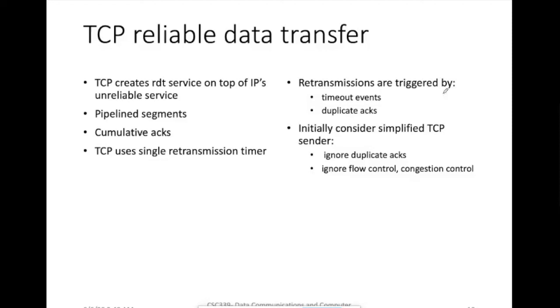And there are 2 ways TCP's reliability mechanism is triggered. One is the timeout event, where the RTT goes out and the timer expires, or duplicate acknowledgements. How many duplicate acknowledgements? 3 for a lost segment, right?